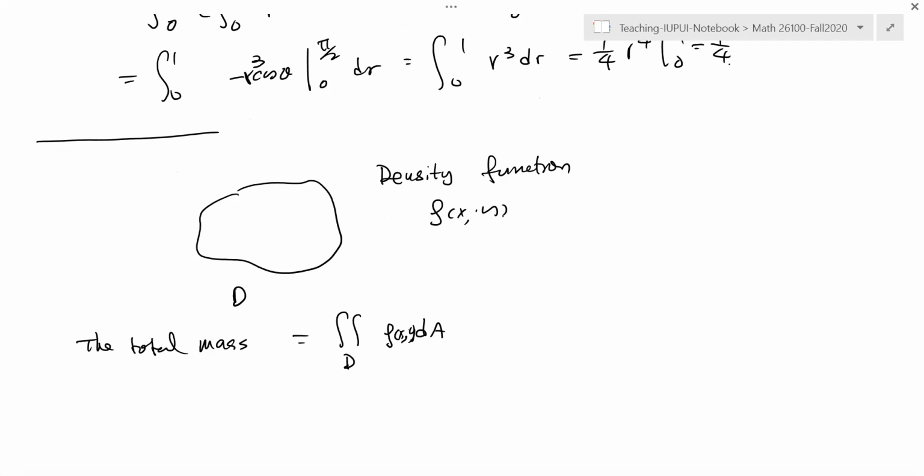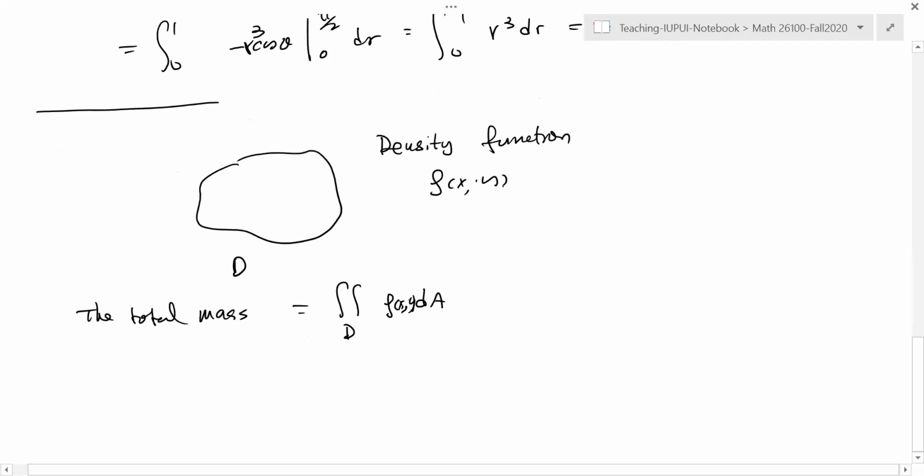Then we also want to find out the center of mass. The center is not the geometric center. It could be somewhere else, because it depends on how heavy the region is in different places. So it's not homogeneous.